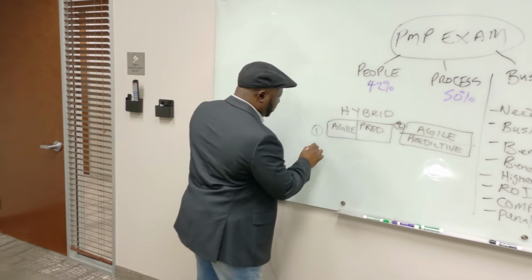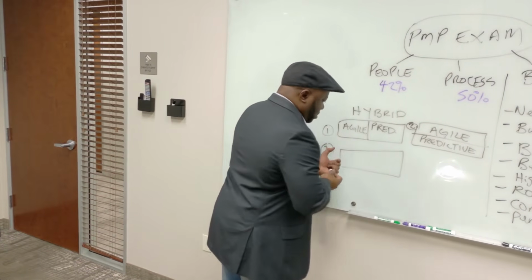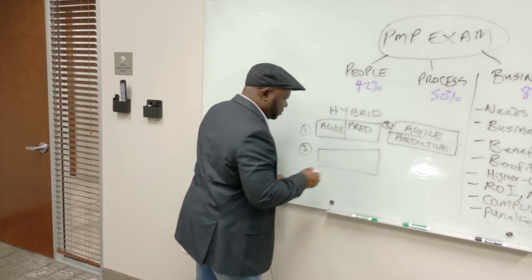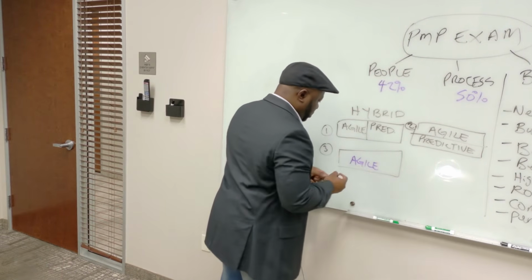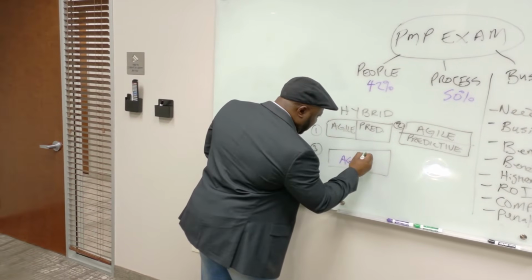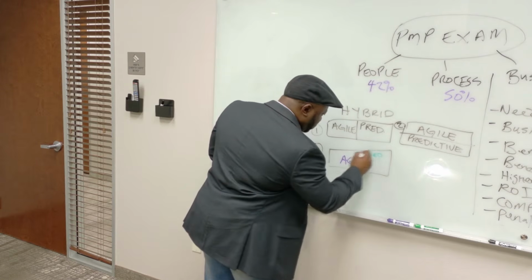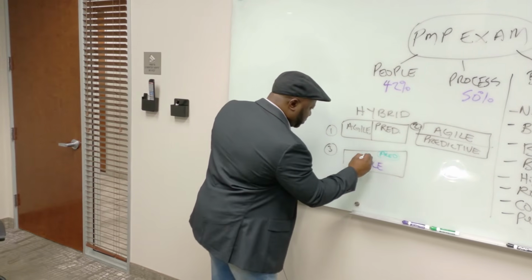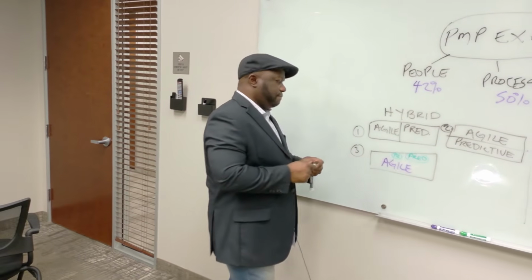The third model is a whole lot of agile, a whole lot, and a tiny pocket of predictive, right? Just a small piece of predictive sprinkled in there.